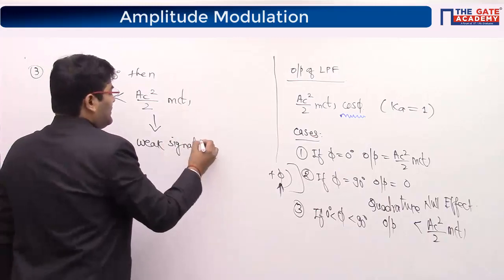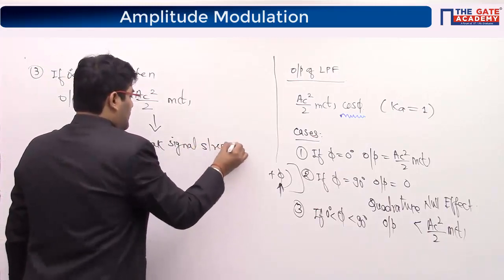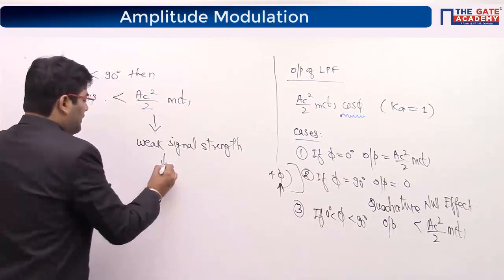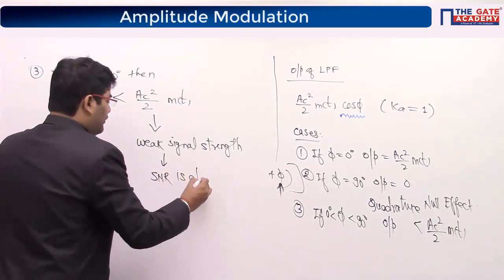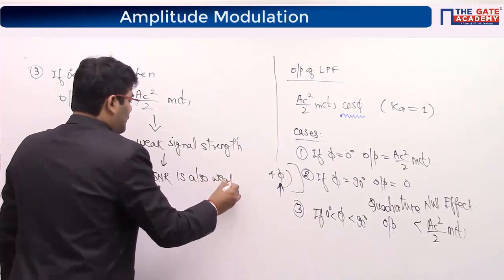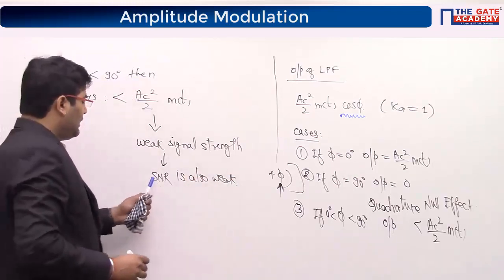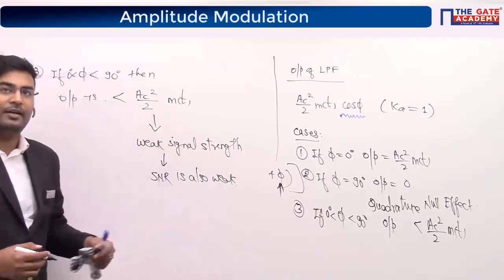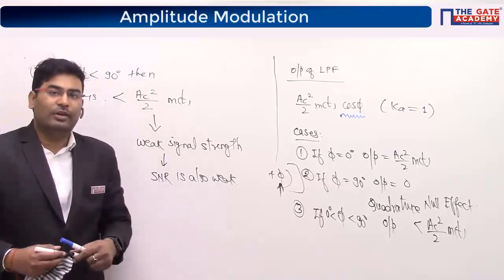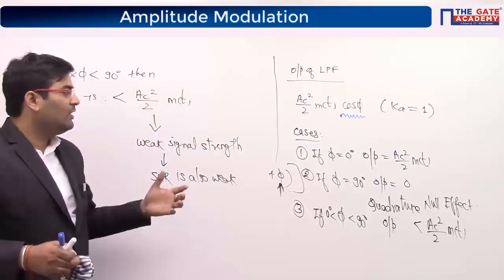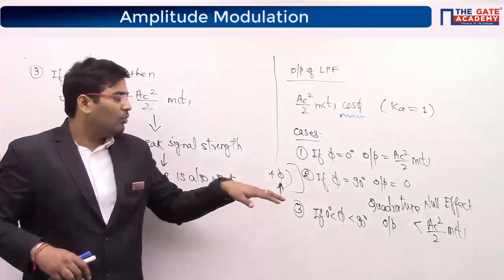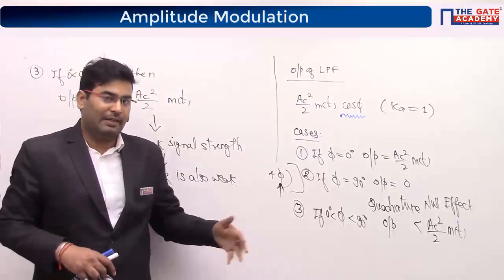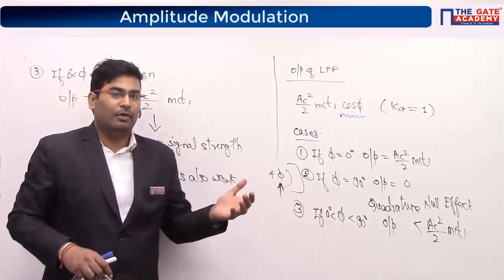Signal here means the message. Because of this, the SNR is also weak. It's not powerful, so the signal power to noise power ratio is also very bad. Your signal strength is so weak that sometimes the quality of the received message signal is not up to the mark.